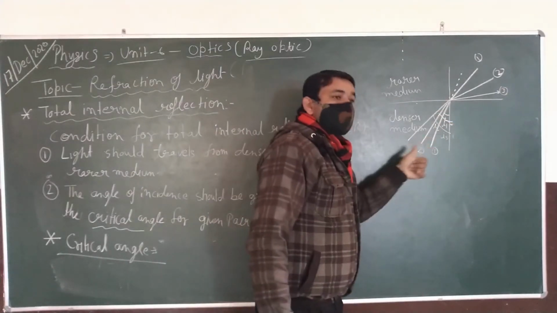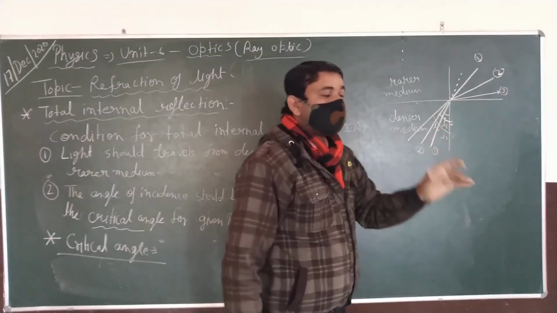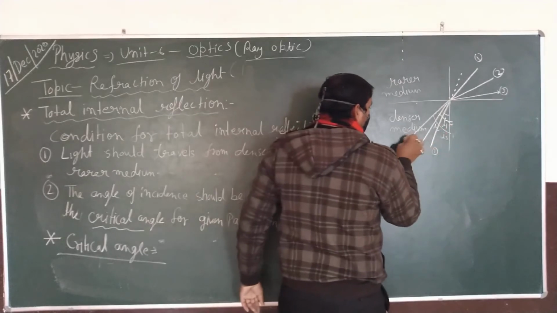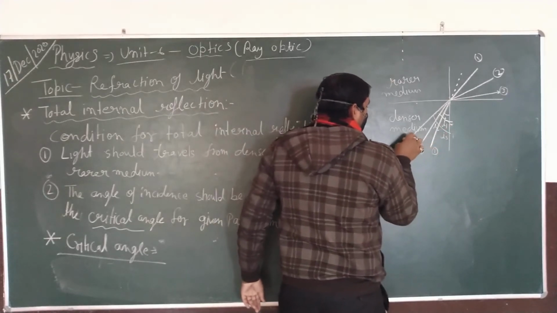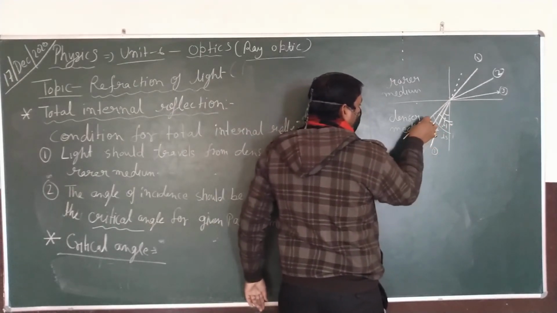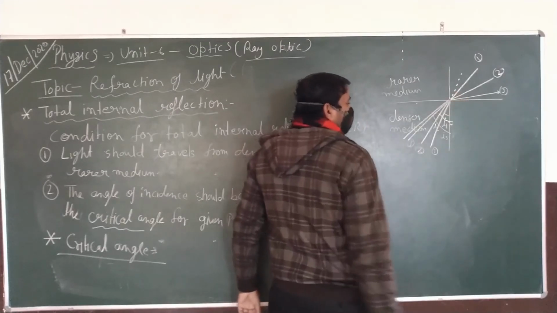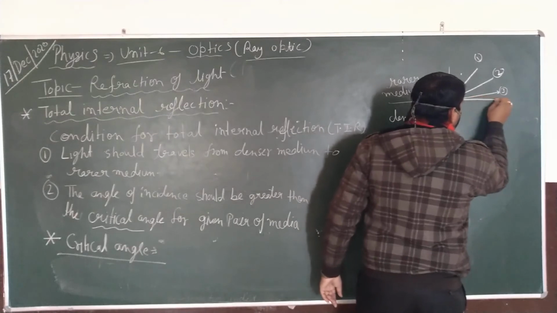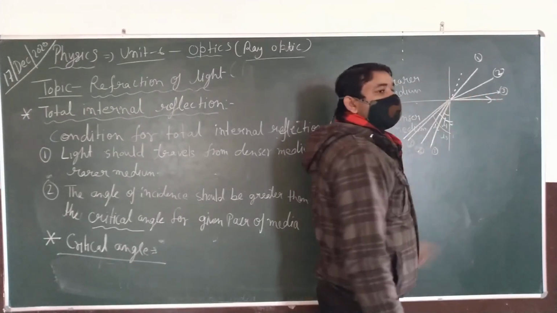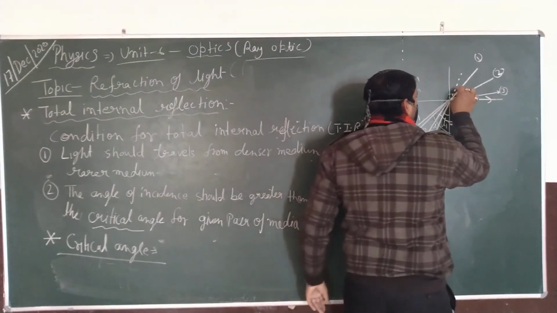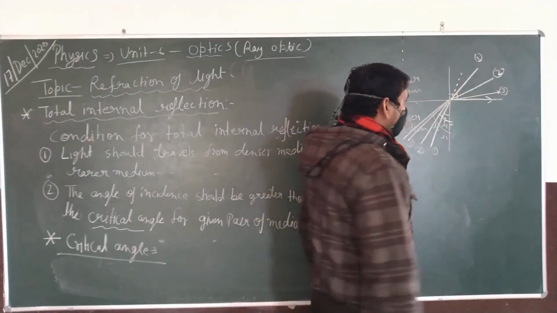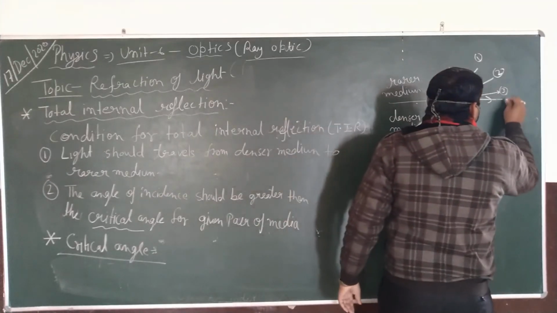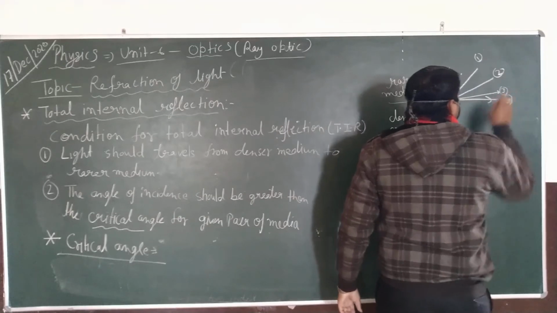If we increase just 1 or 2 degrees of incidence angle for the fourth incidence ray, then we find that the angle of refraction for the fourth ray is equal to 90.